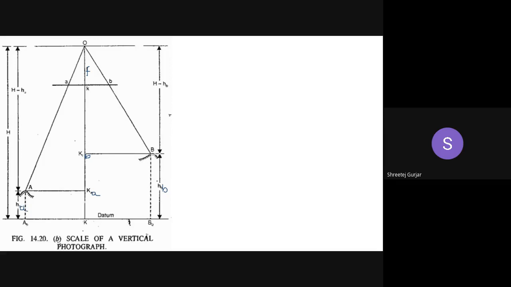Then what we do for the scale of the photograph? Scale of the photograph at the elevation HA is equal to the same ratio as we have used in the previous thing.